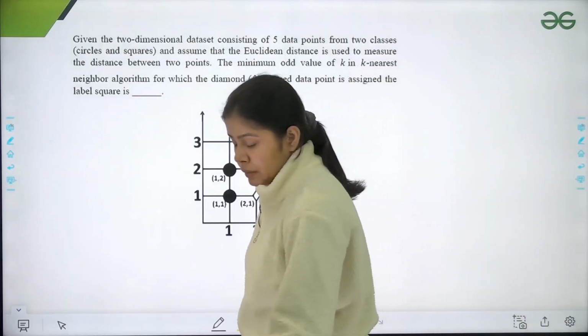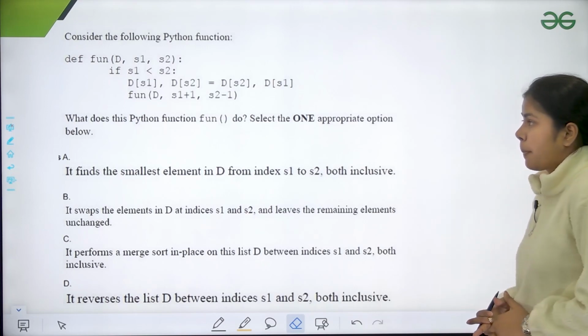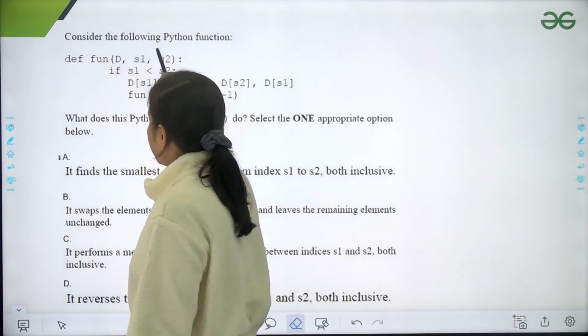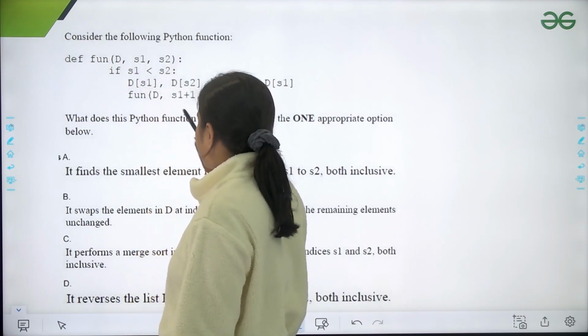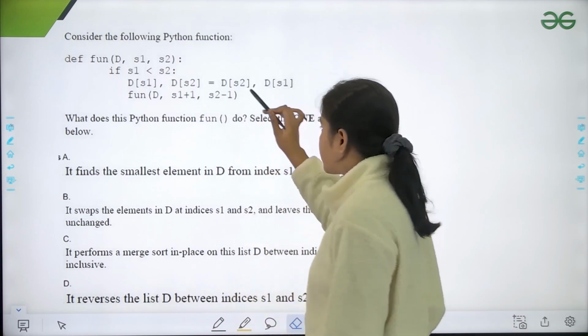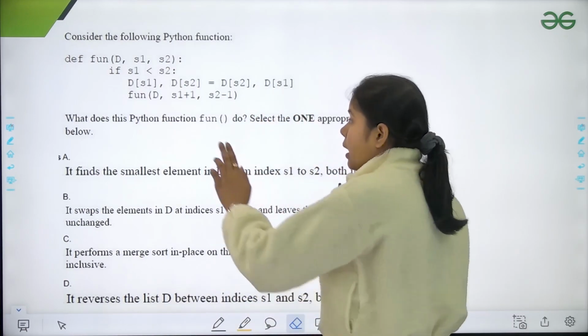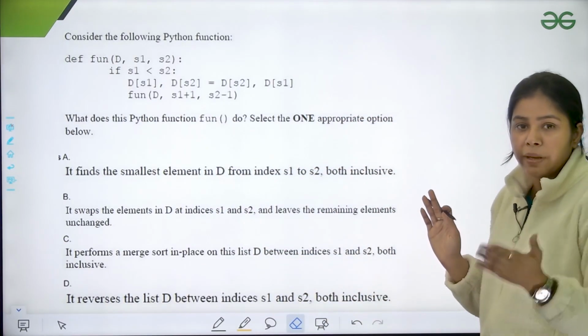Okay. Now, the next question we have is: consider the following Python function. We have a function here, definition d comma s1 comma s2. If s1 is less than s2, swap d of s1 and d of s2, then apply this algorithm again on s1 plus 1 and s2 minus 1.